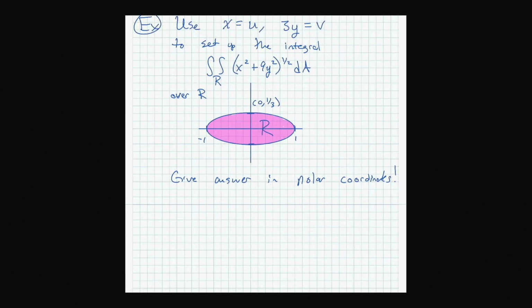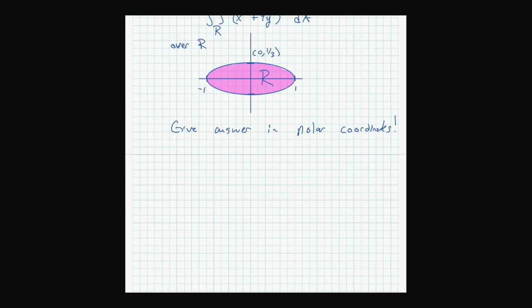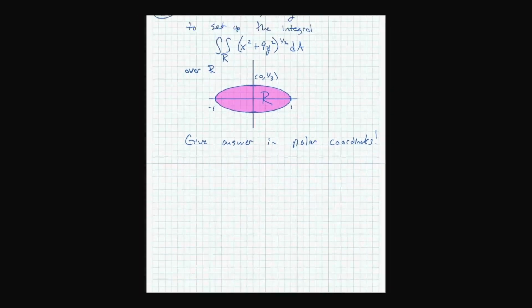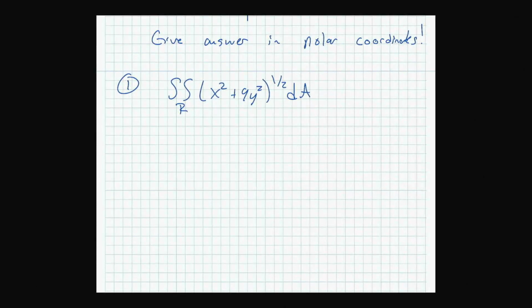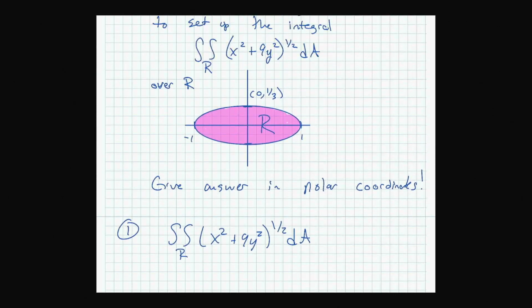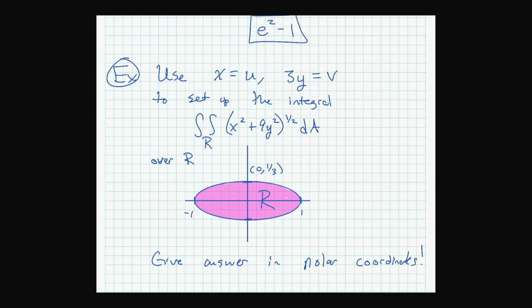So here's what we're going to do first. We can do the stuff in different orders here, right? So I'm just going to not do everything in the order that I had in the previous problem. So let's just look at this. First, we have the double integral over R of (x squared plus 9y squared) to the 1/2 dA. Now they told us what to use for the x and for the v actually, right?